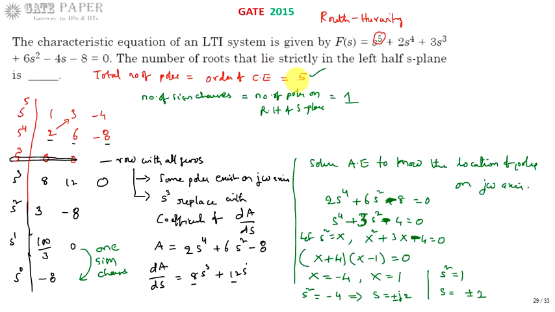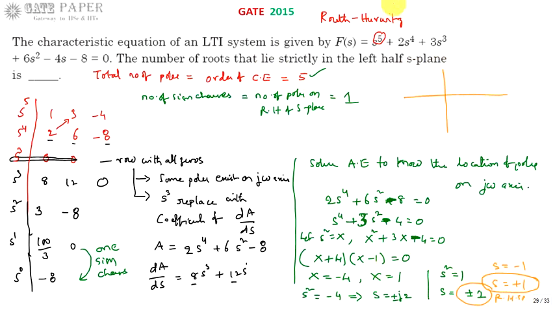So there are two poles on the j omega axis which are plus j2 and minus j2, and two more poles at plus 1 and minus 1 that we got. If you observe from the sign change, there is one pole on the right hand side. That pole is s is equal to plus 1, which is the pole on the right half of the S plane.